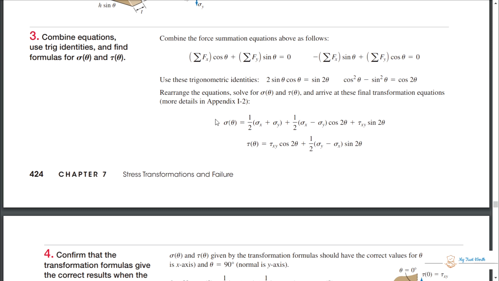What they depict is that when your stress block is given at any orientation theta, you can find the resultant axial stresses and resultant shear stresses. These are not your maximum axial stresses and maximum shear stresses. These are your transformed shear stresses and axial stresses at any plane oriented at any angle theta.